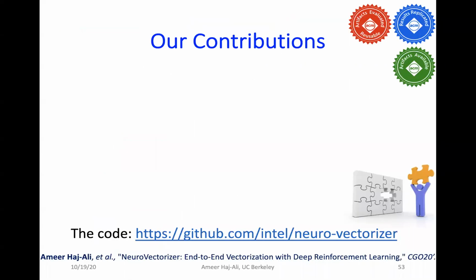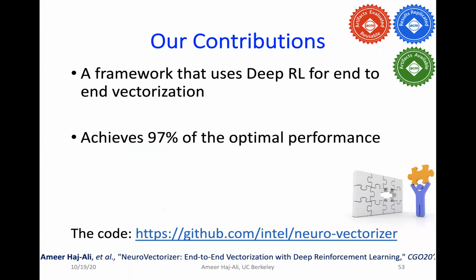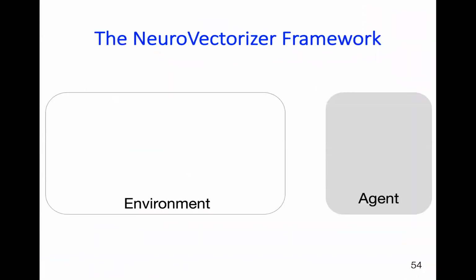And our contributions here were basically that we built a framework that uses deep RL for automatic end-to-end vectorization. We achieved 97% of the optimal performance. And we showed that it can generalize to different workloads. So how the framework looks like: our environment is basically a program.